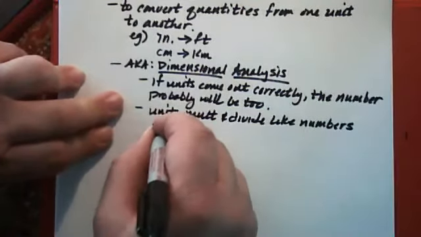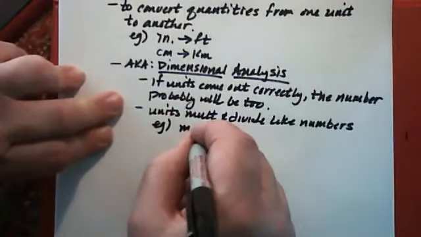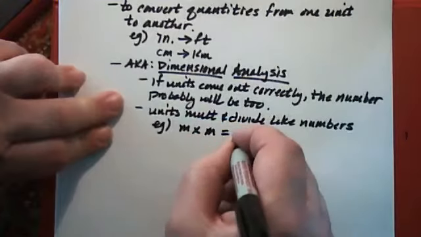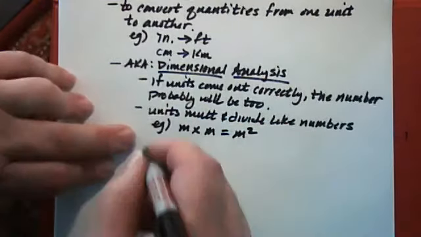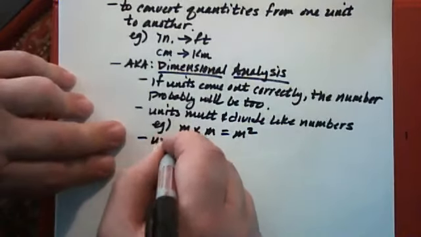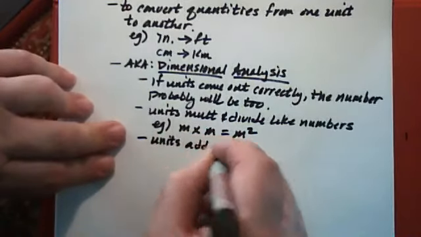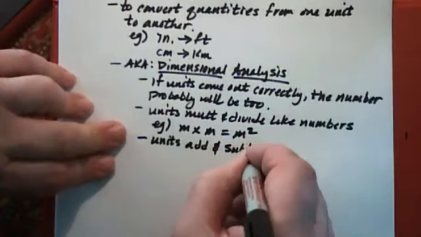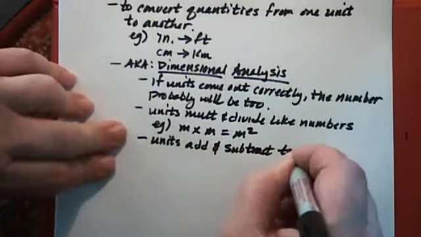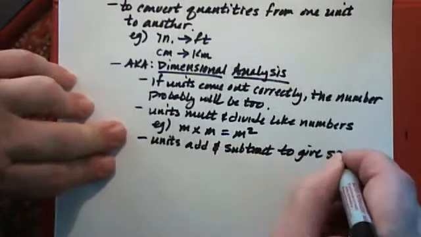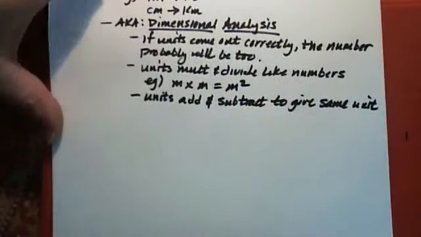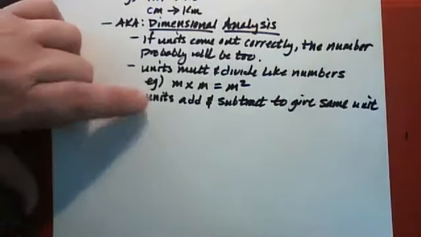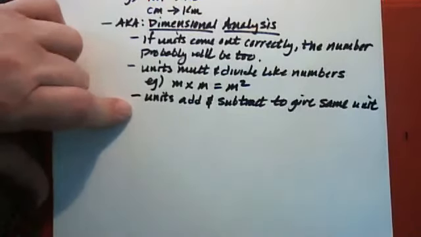So for example, a measurement in meters times another measurement in meters would give you an answer in units of meters squared. But when you add and subtract units, the numbers that you're adding and subtracting have to be in the same units, and the answer comes out to be in those same units.